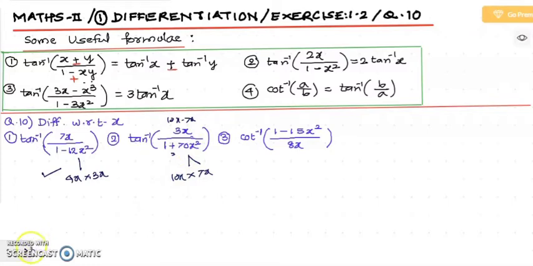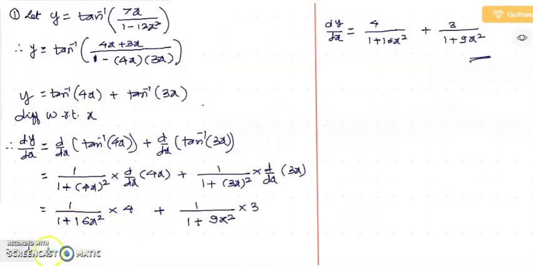So let us write this answer. Now we have y is equal to tan inverse of 3x divided by 1 plus 70x square. That was the question.